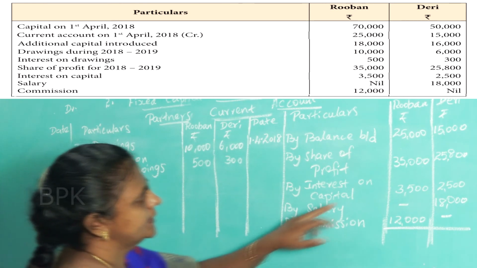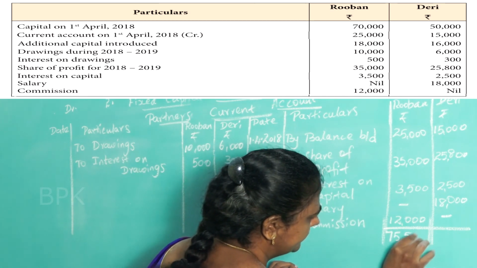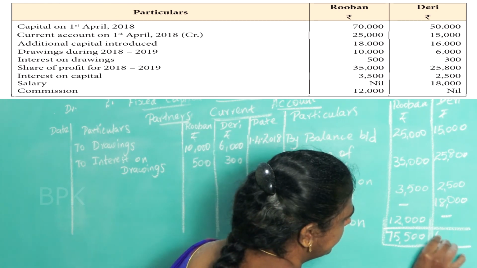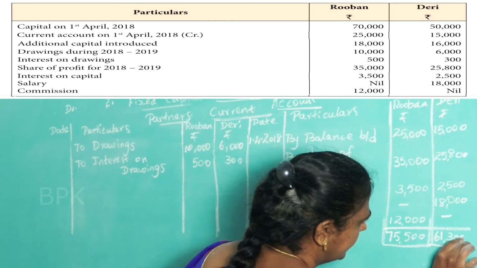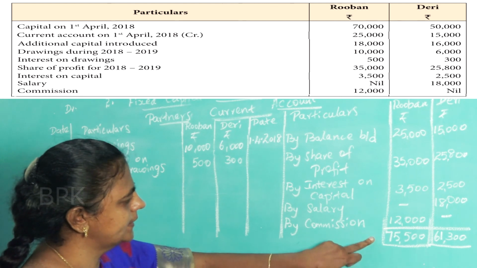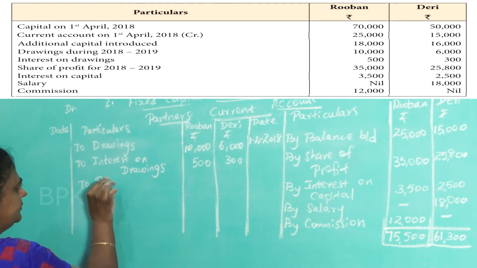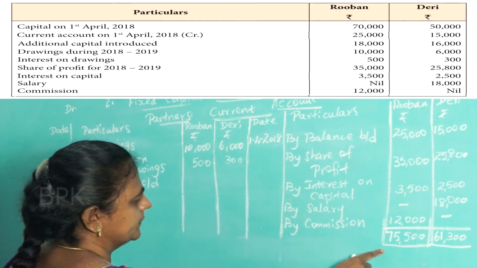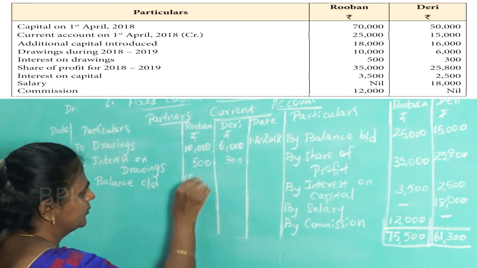Which side is greater? Credit side is greater. So put the total. So here 75,500 and here 61,300. Okay. So now credit side is greater, take it to the debit side. So right here to balance, carry it down. 75,500 minus 10,500, that will give you 65,000.